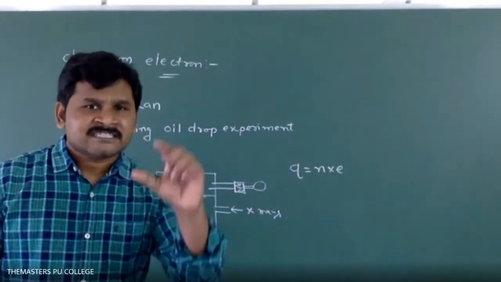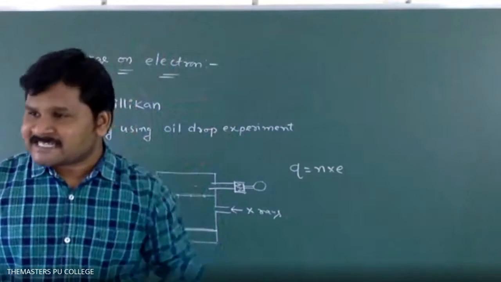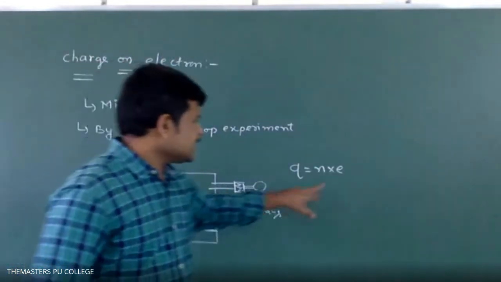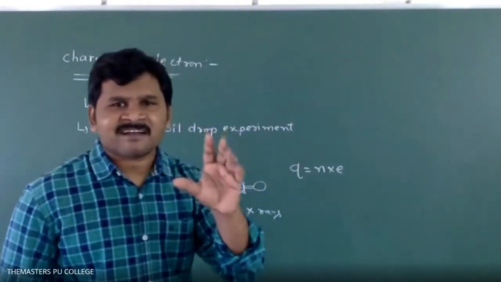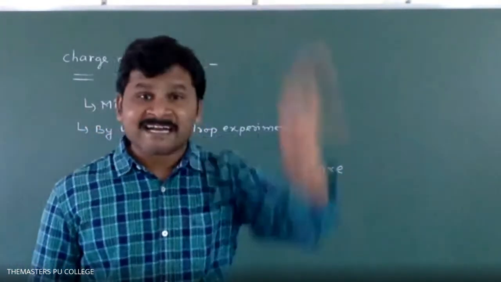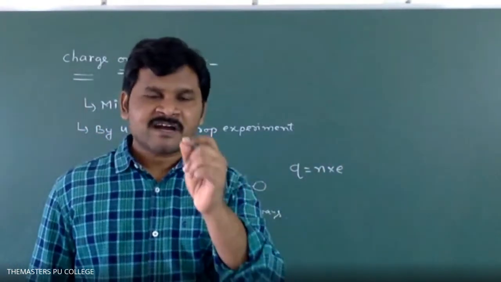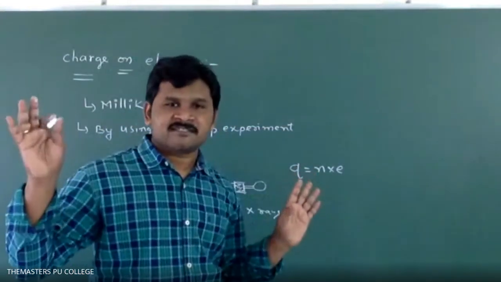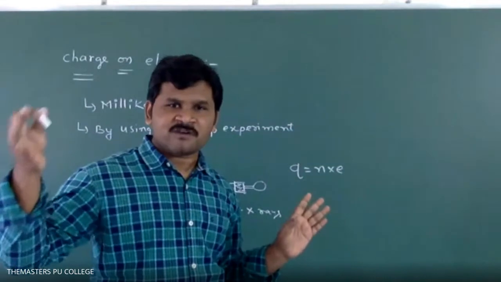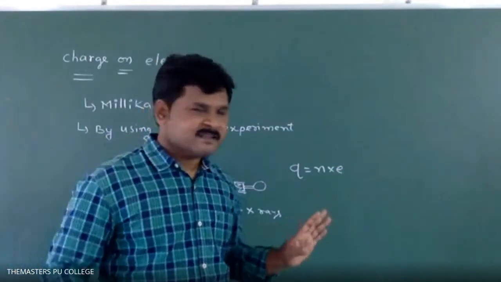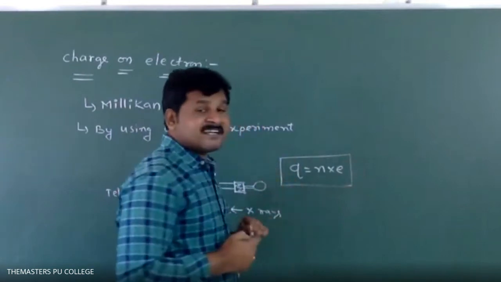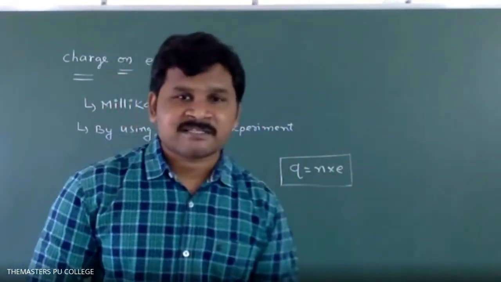Q means charge of oil droplet. E means charge of electron. That droplet has so many electrons; in that, we have to take the charge of one electron. N is an integer, so it is equal to 1 or 2 or 3 or 4, whatever it may be. So this is the formula to calculate charge on electron by using the oil drop experiment.